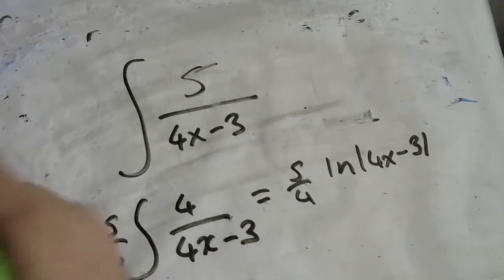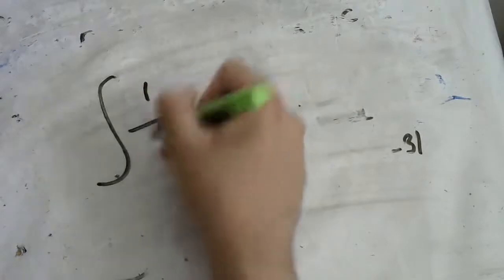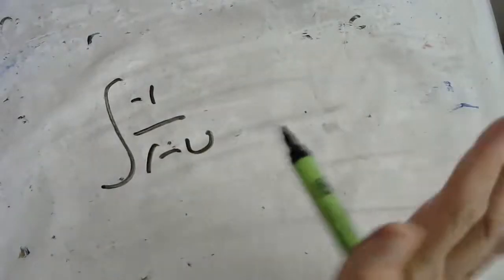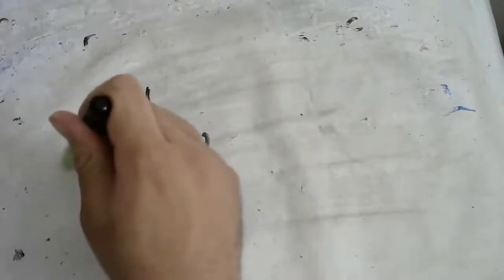Let's just look at that example once more. So you had 1 over 1 minus u. For this to work, I needed to turn that into a minus sign. Well, that's fine. I can do that, but as long as I undo it on the outside. So the question that Farhan asked: as long as whatever I do here, I undo here.